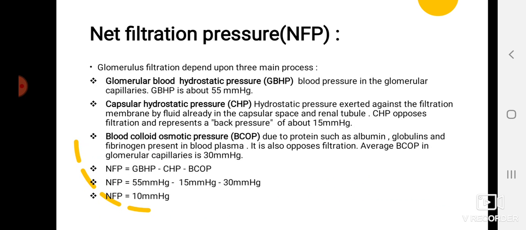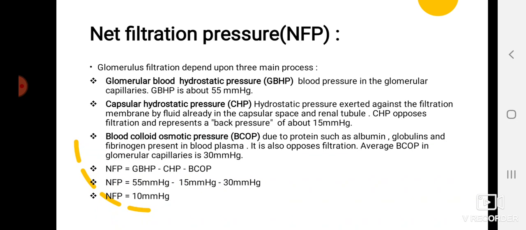Next is net filtration pressure, that is NFP. Glomerular filtration depends upon three processes. First is the glomerular blood hydrostatic pressure, capsular hydrostatic pressure, and blood colloid osmotic pressure.